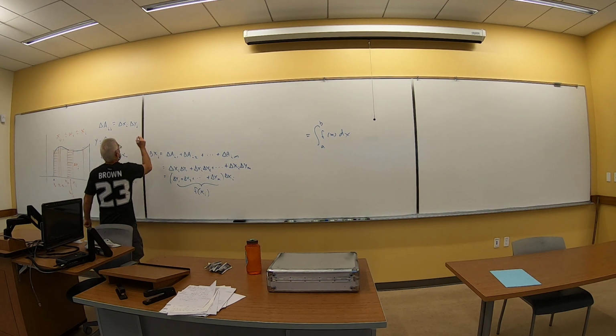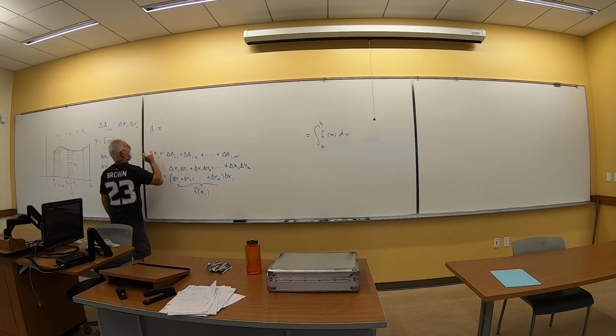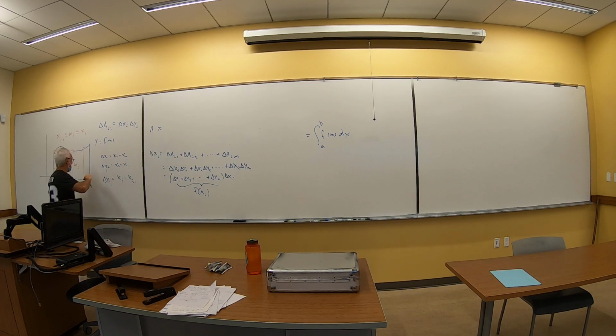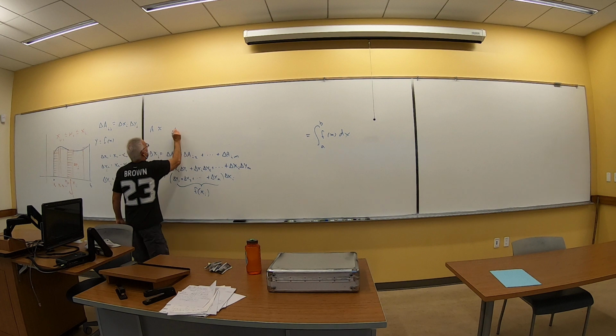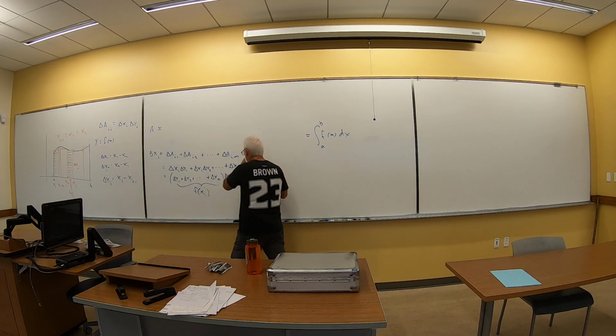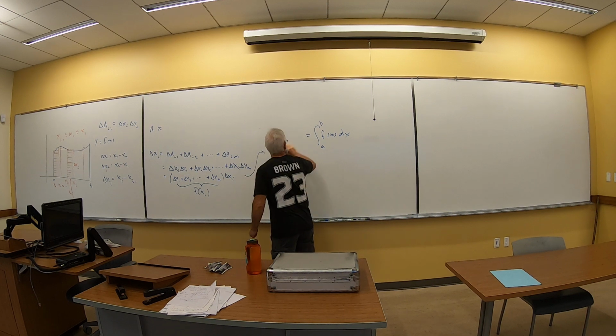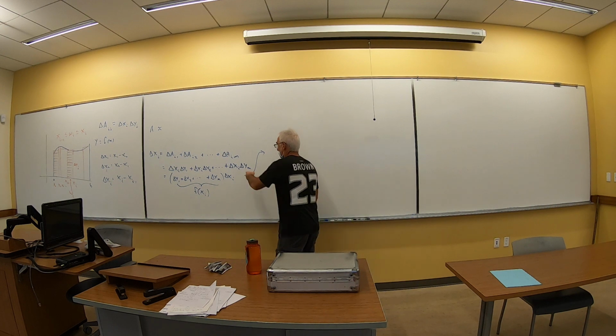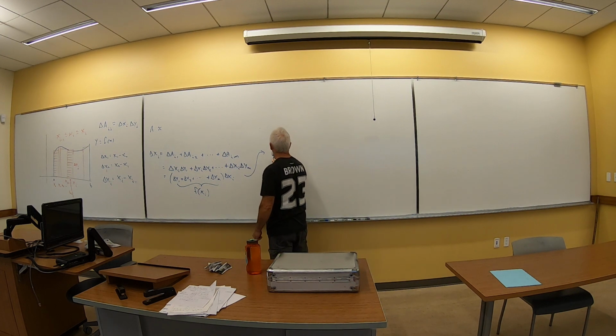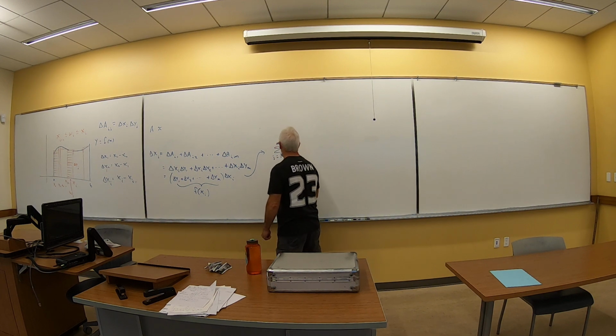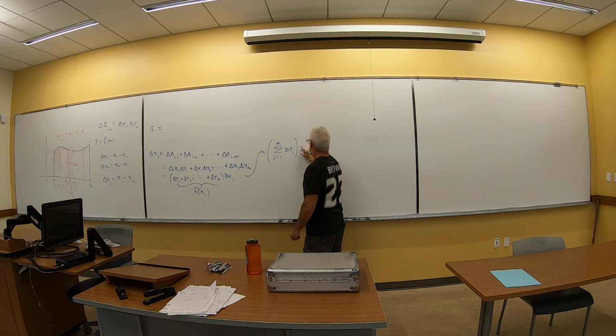So would it be correct to say now my area can be estimated by adding up all these little rectangles? Yeah, but how do I say that? Well, let's go back to here. What does this say right here? This says inside there, the sum from j equal 1 to m of the delta y_j's times delta x_i.